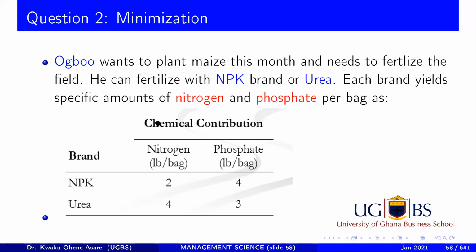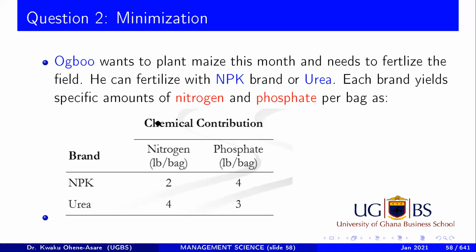Eunice, what's the name of the first constraint? Michael: The nitrogen. And the second? Nitrogen is the first one, phosphate is the second one.